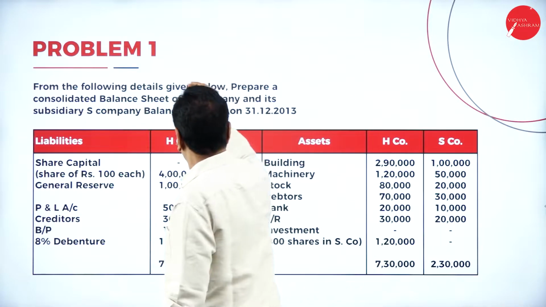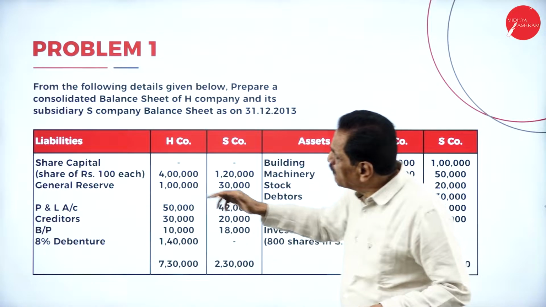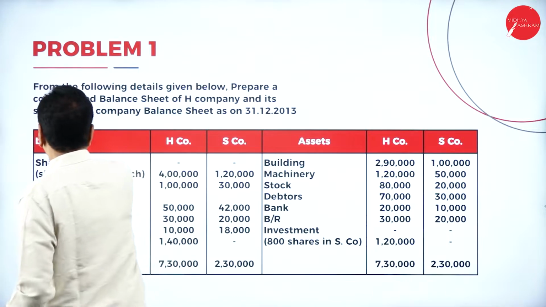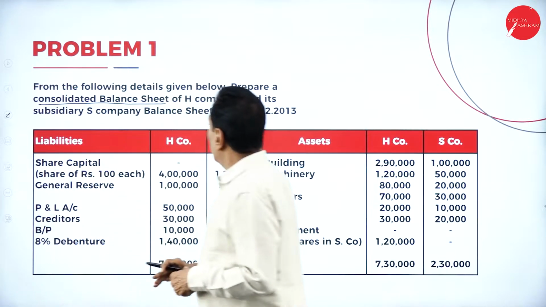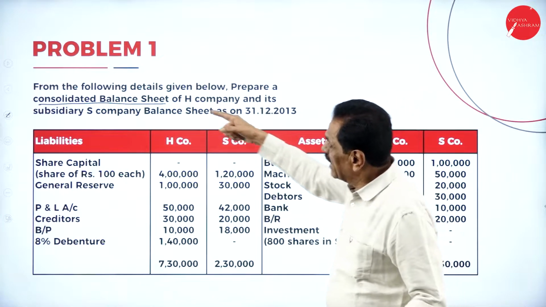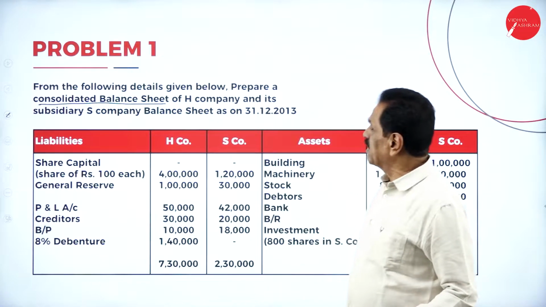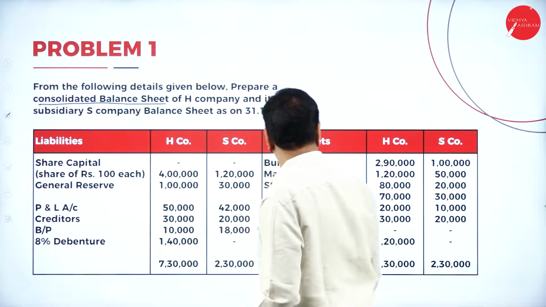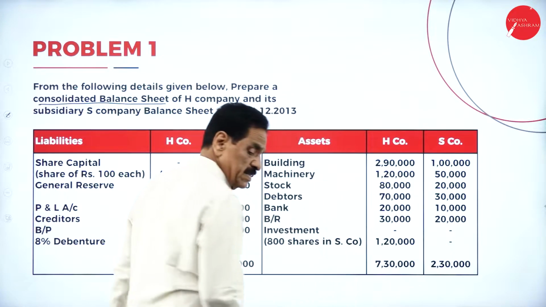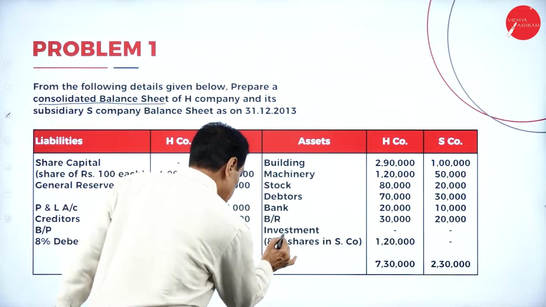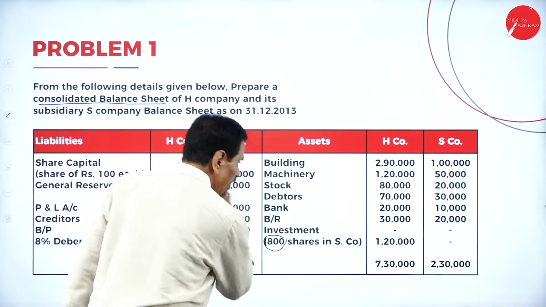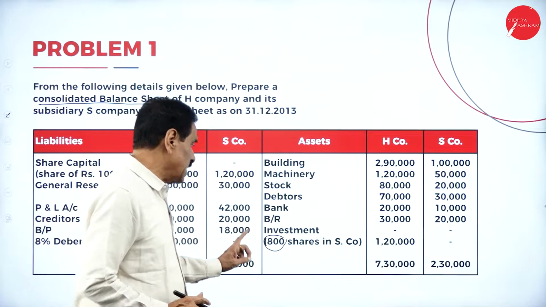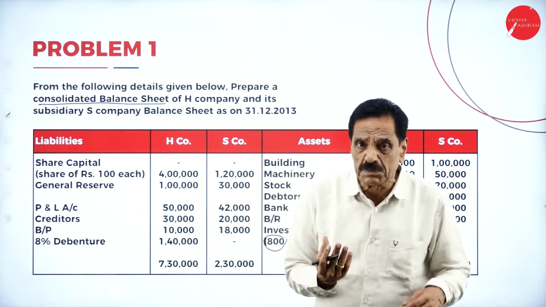From the following details given below, prepare the consolidated balance sheet, that is, the combined balance sheet, of H company and its subsidiary S company. The balance sheets on the date are of H company and S company. See, this is important: 800 shares. It means H Limited purchased 800 shares of S company. How many shares in total, I am going to explain.